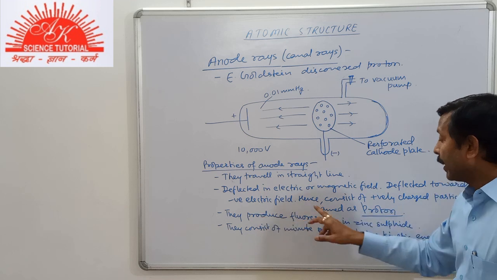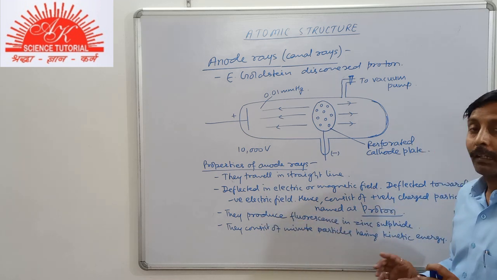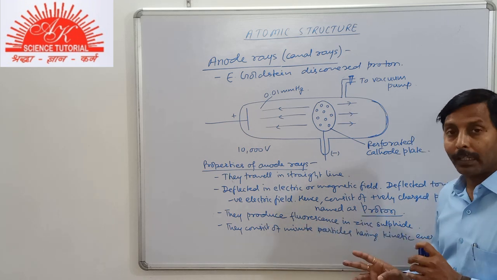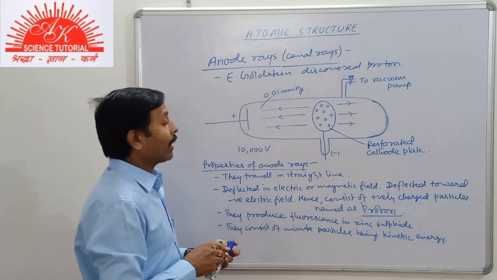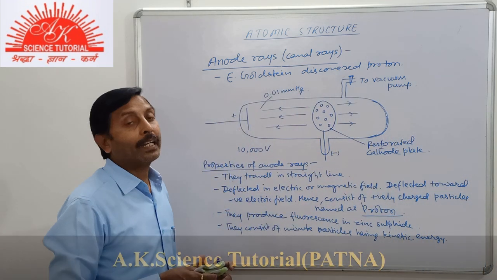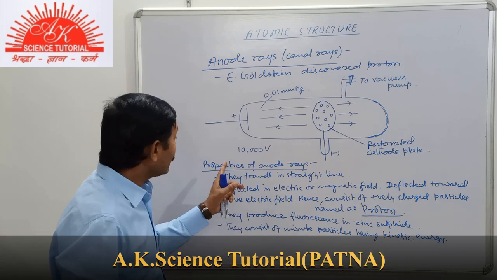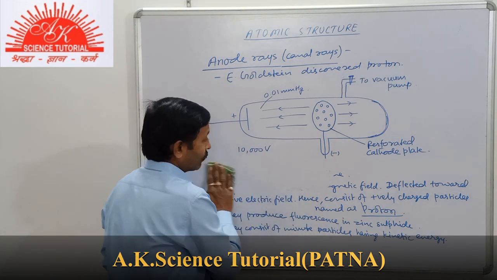Next, they produce fluorescence in a zinc sulfide screen, that is, they are energetic particles. And finally, they consist of minute particles which have kinetic energy. So these were the different properties of anode rays.